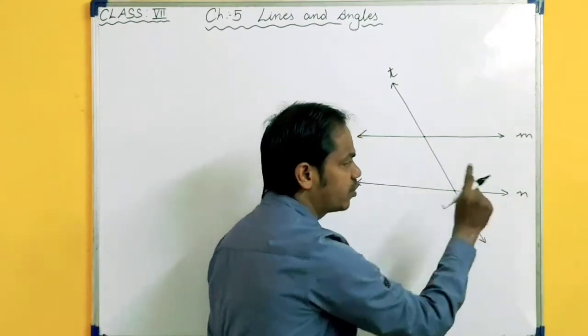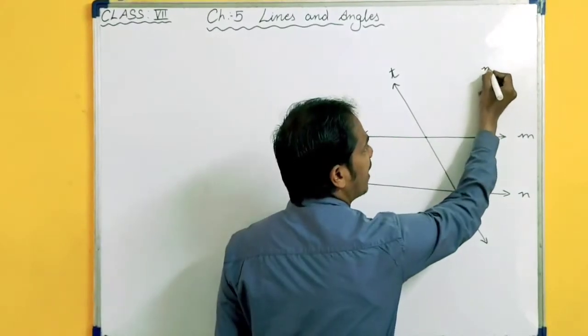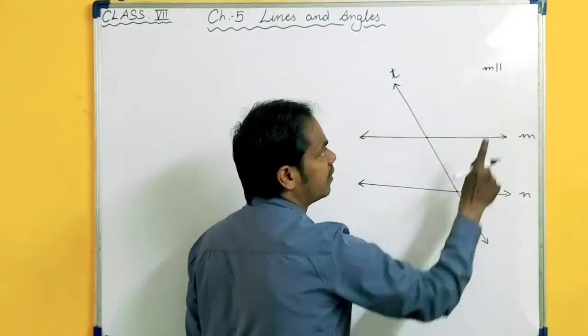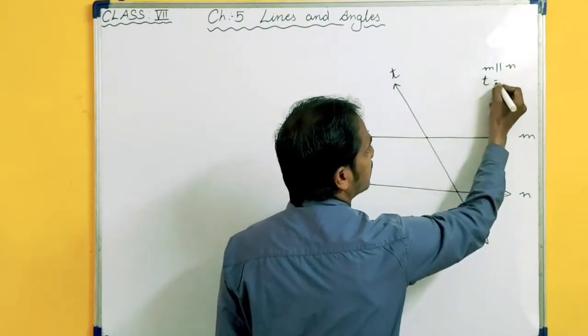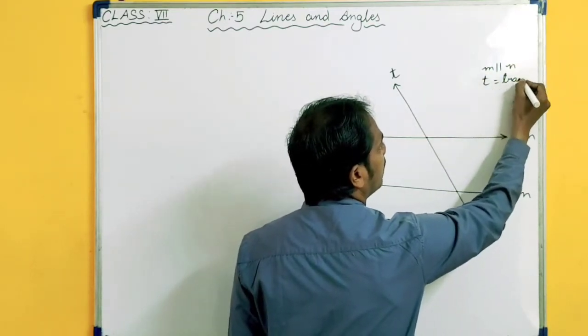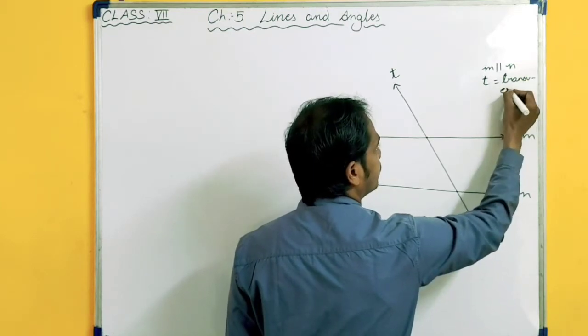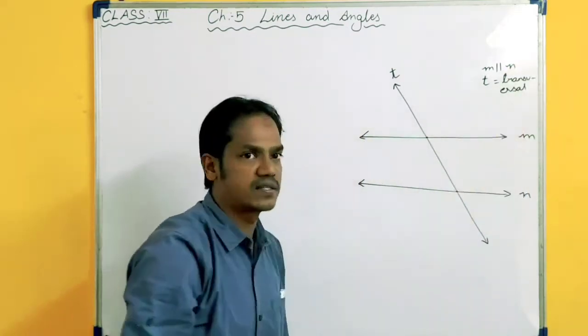So M is parallel to N, this is the symbol of parallel, and T is the transversal line.